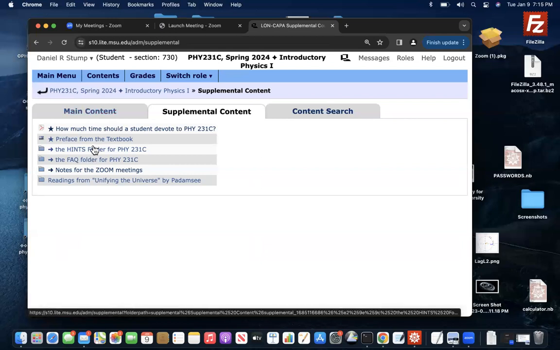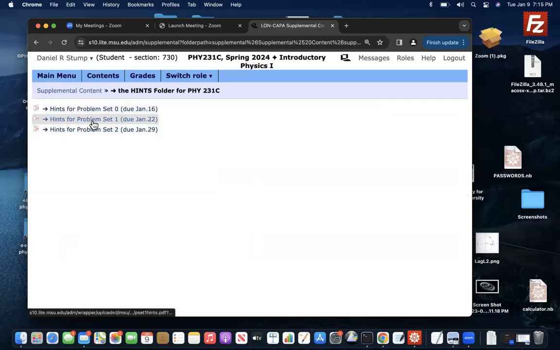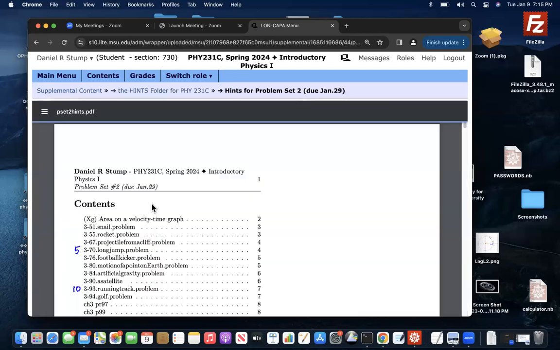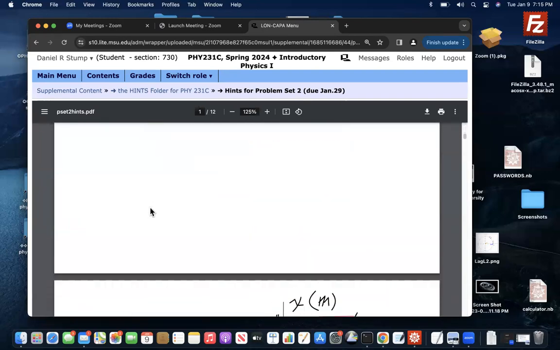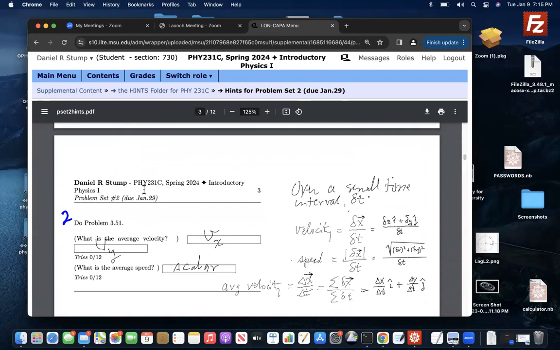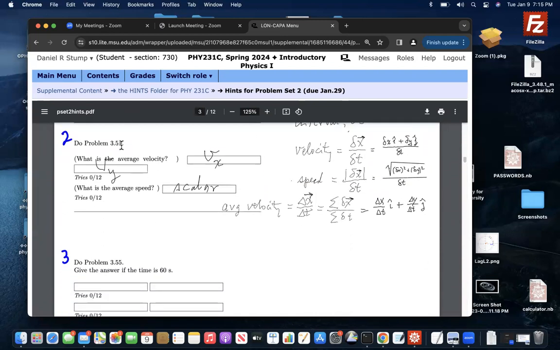So let's look at hints for problem set 2, for example. Here are all the problems in problem set 2. On each problem, here's problem 351. So that's chapter 3 in the book Essential College Physics, problem number 51.